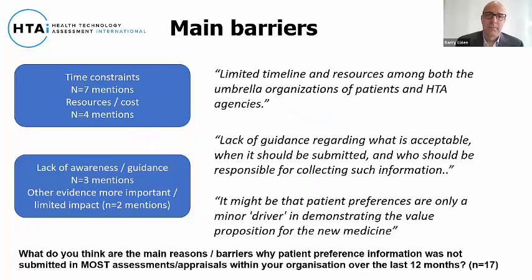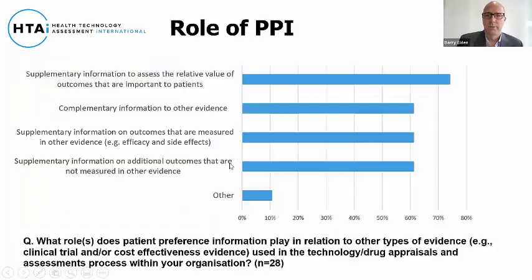They identified the main barriers as really being time constraints and resources, and the ability for the HTAs themselves to really understand and process that information. So definitely an indication that there's some education and training and capabilities development that is an opportunity for us.